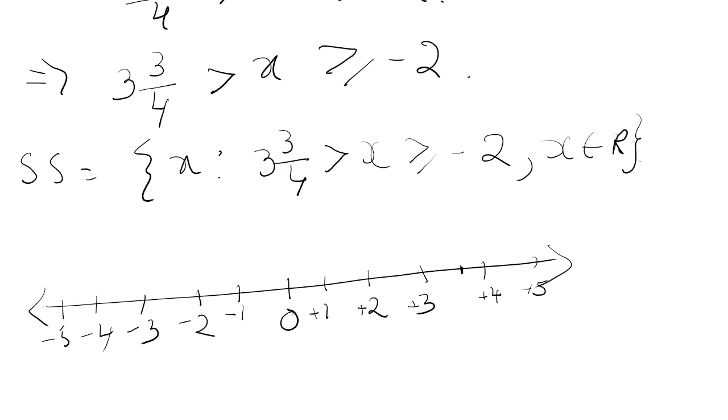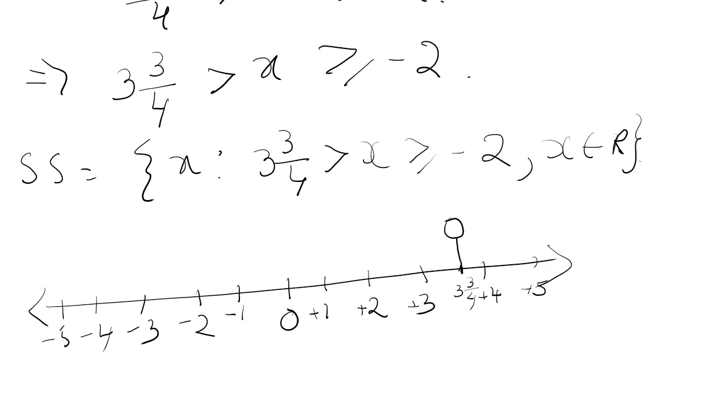So here you show 3 3 upon 4. And there is no equality sign, so there will be a hollow lollipop.